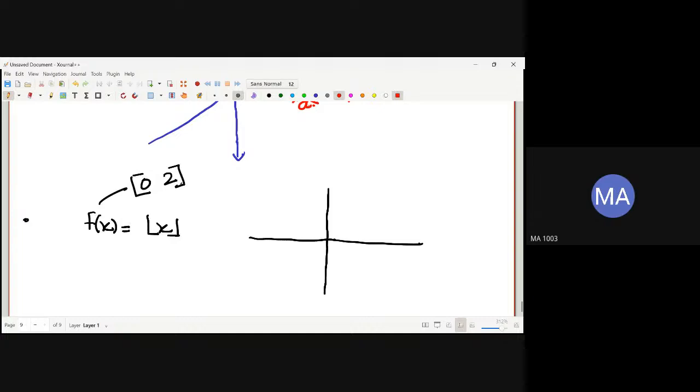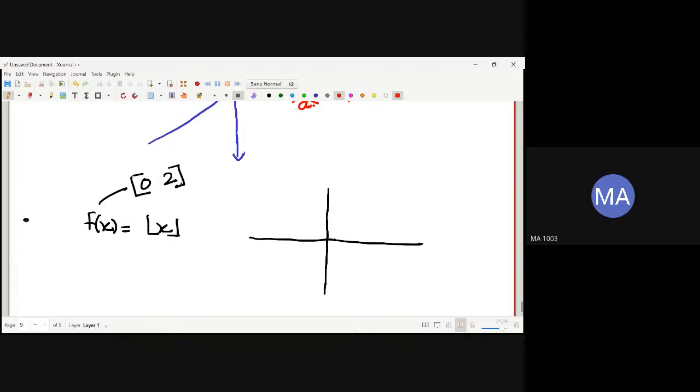At 1, it's 1, and in between 0 to 1, it's 0. And then from 1 to 2, it's 1. If I fix this point 2, then at 2, it's 2.